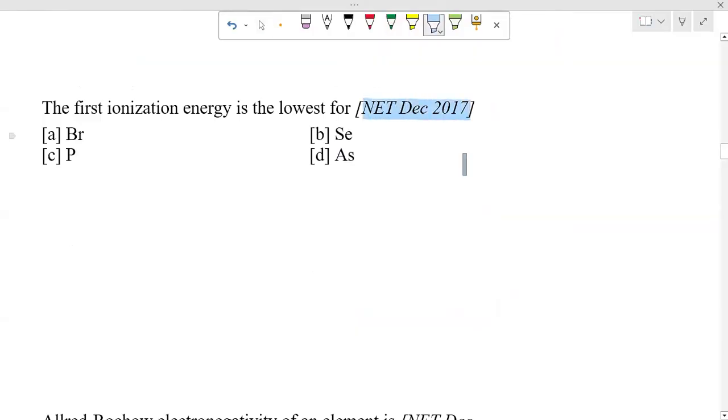The first ionization energy is the lowest for which among the following? So let's try to write them out. You have nitrogen, oxygen, fluorine. Okay, so we have phosphorus, which is below nitrogen. We have arsenic, which is below phosphorus. Oxygen, sulfur, selenium, also we have in the option. Fluorine, chlorine, bromine.